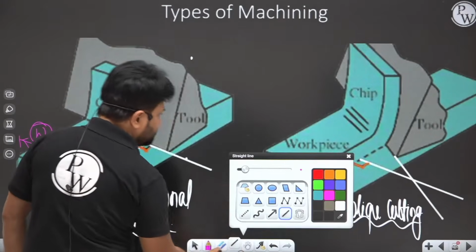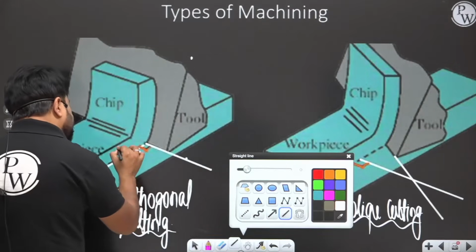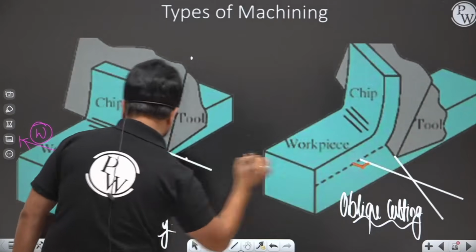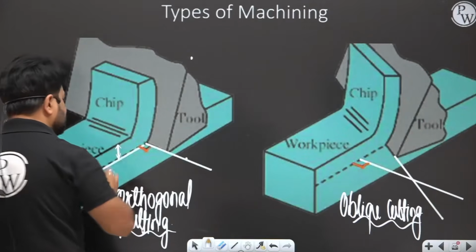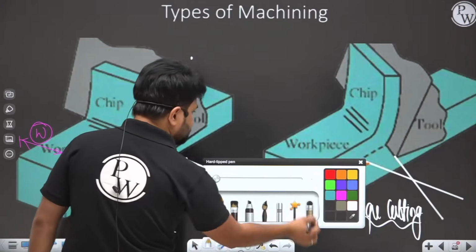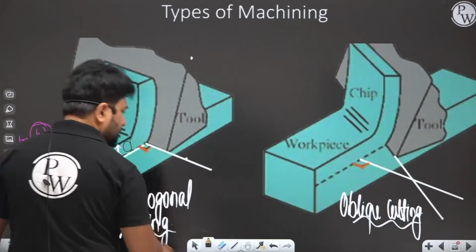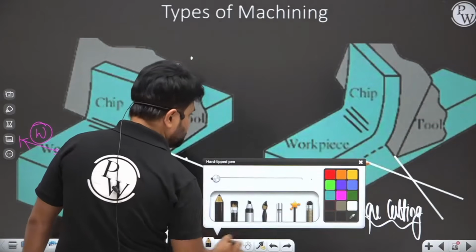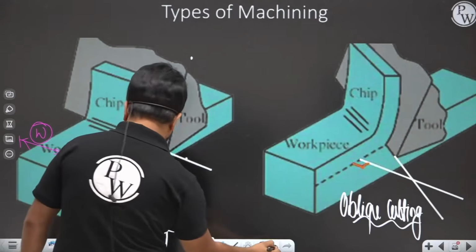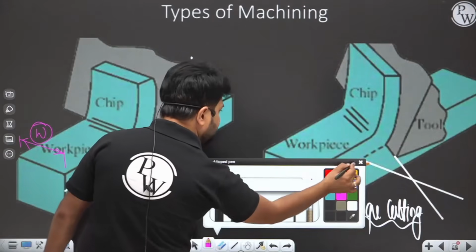Also, my dear student, please see here the depth of cut. Depth of cut should be very small. This is the depth of cut, let me write it down here.